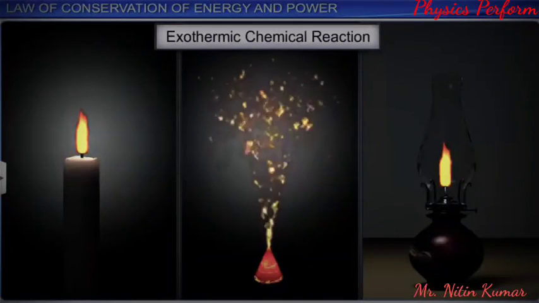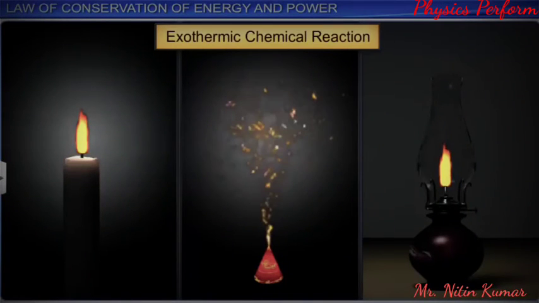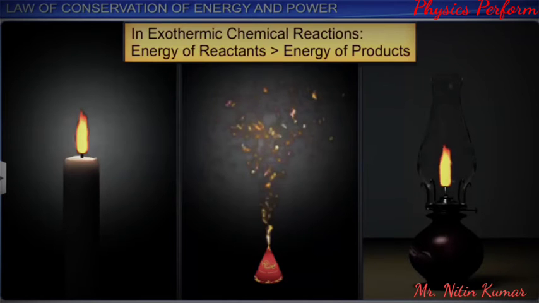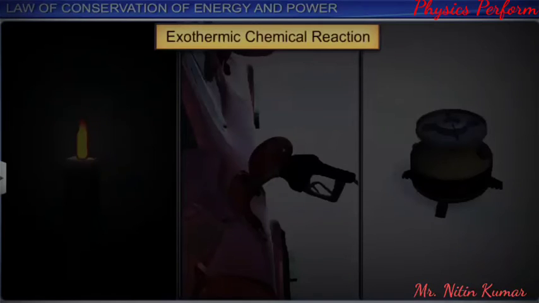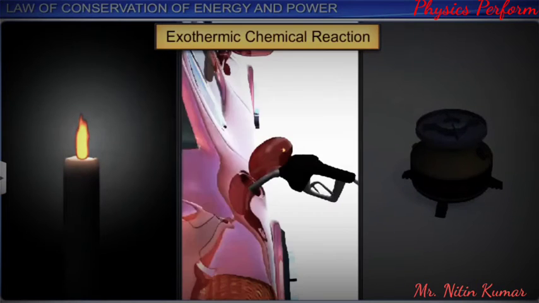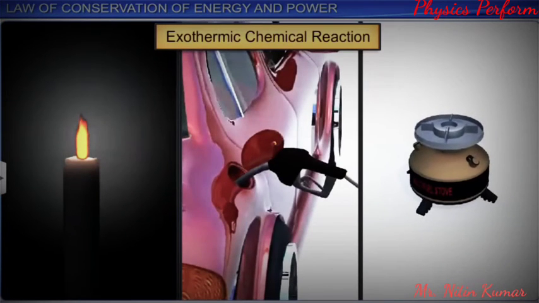Burning is an exothermic chemical reaction where the chemical energy of the reactants is mainly converted into heat energy, which can later be manifested in other forms. Thus, in an exothermic reaction, the energy of the reactants is greater than that of the products. Hence, exothermic reactions like combustion of fuels are indispensable in catering to our daily energy needs.